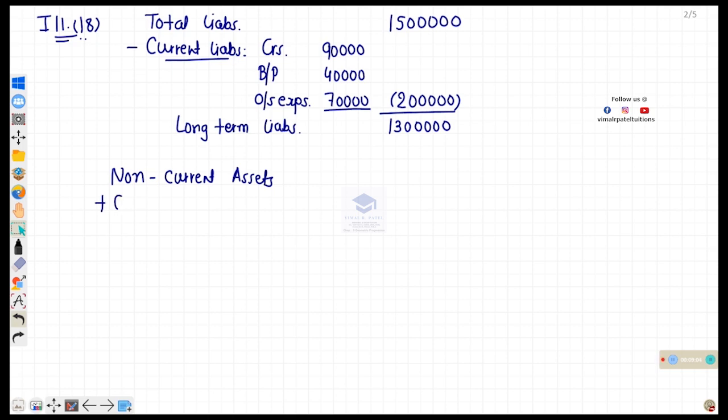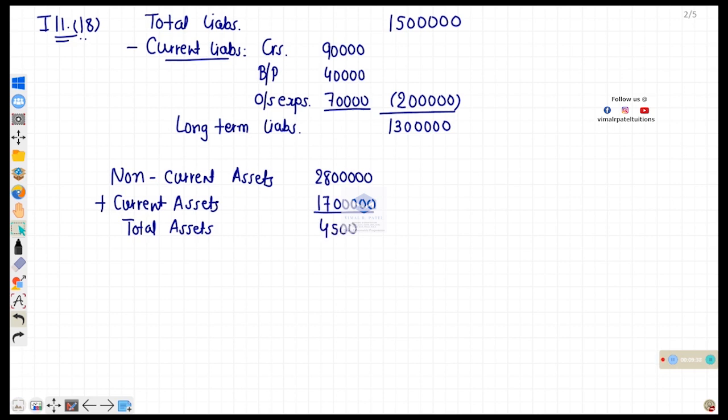Then non-current assets plus current asset will be equal to total asset. Non-current assets are 28 lakhs. Current assets 17 lakhs.